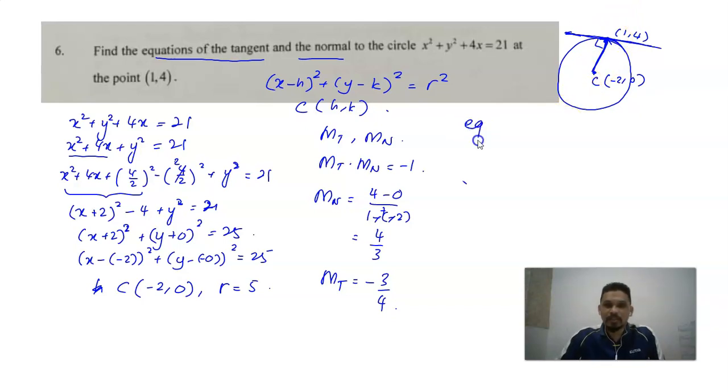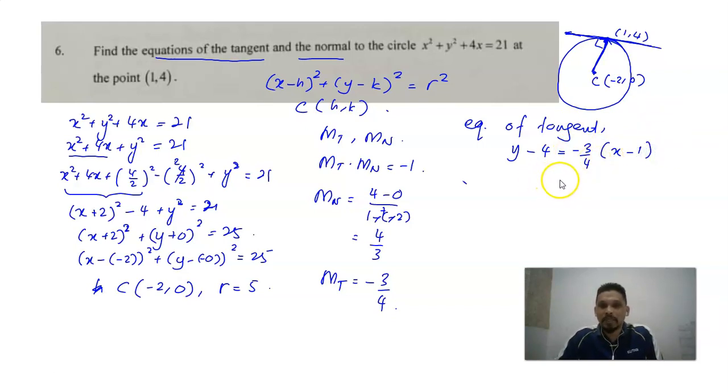So the equation of tangent: y minus 4 equals the gradient, negative 3 over 4, times x minus 1. Okay, so negative 3 over 4, x minus 1, negative becomes positive, so 3 over 4.